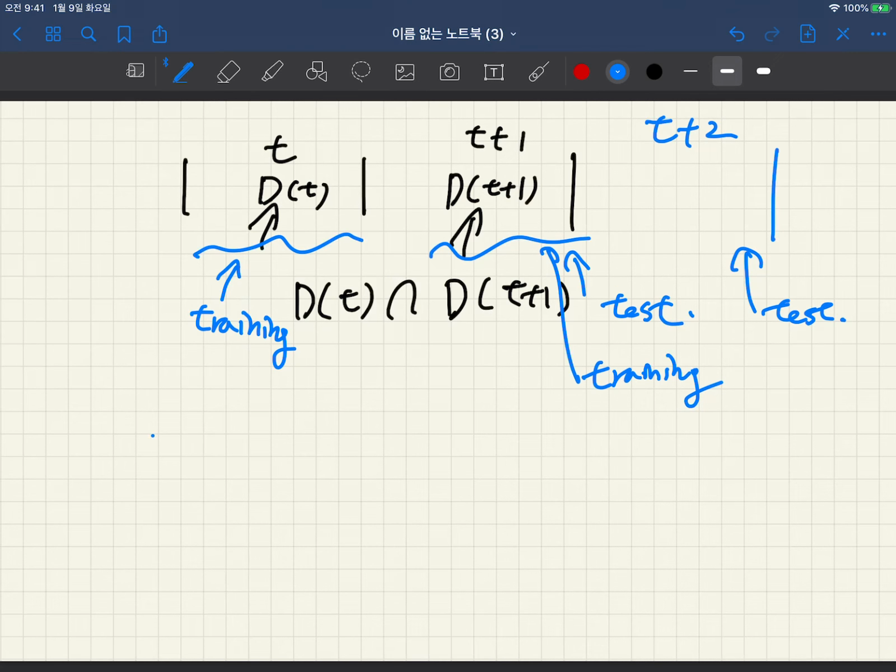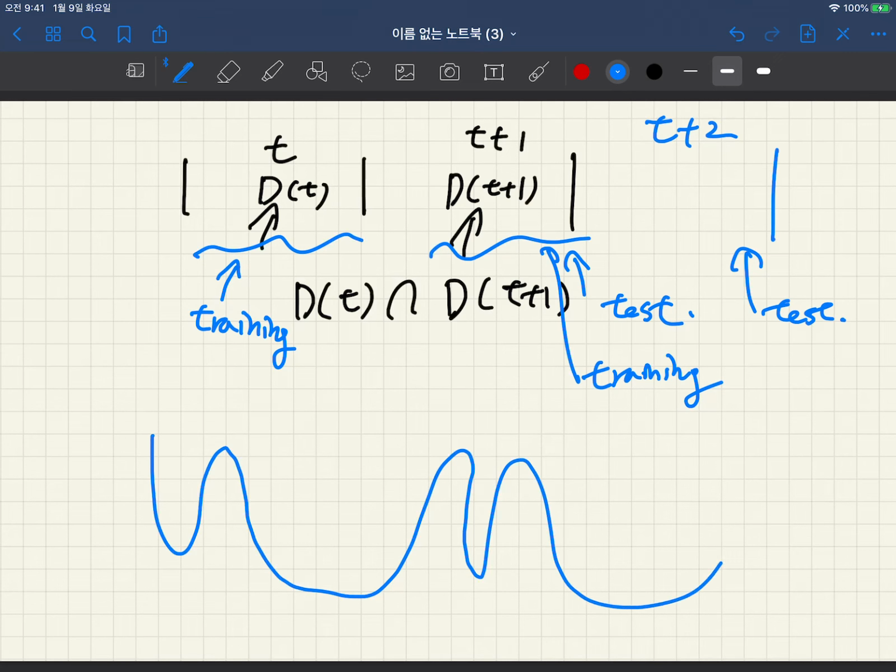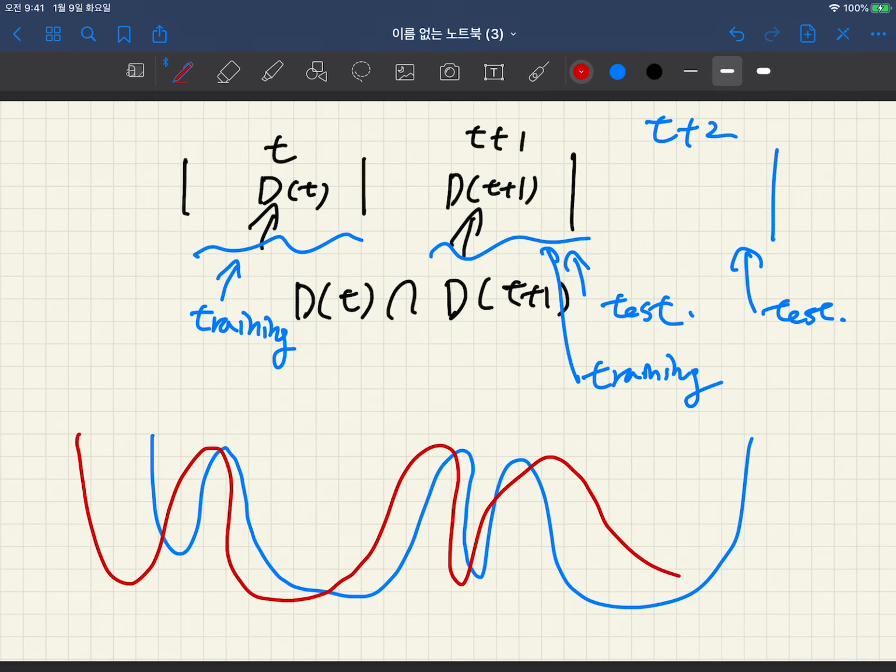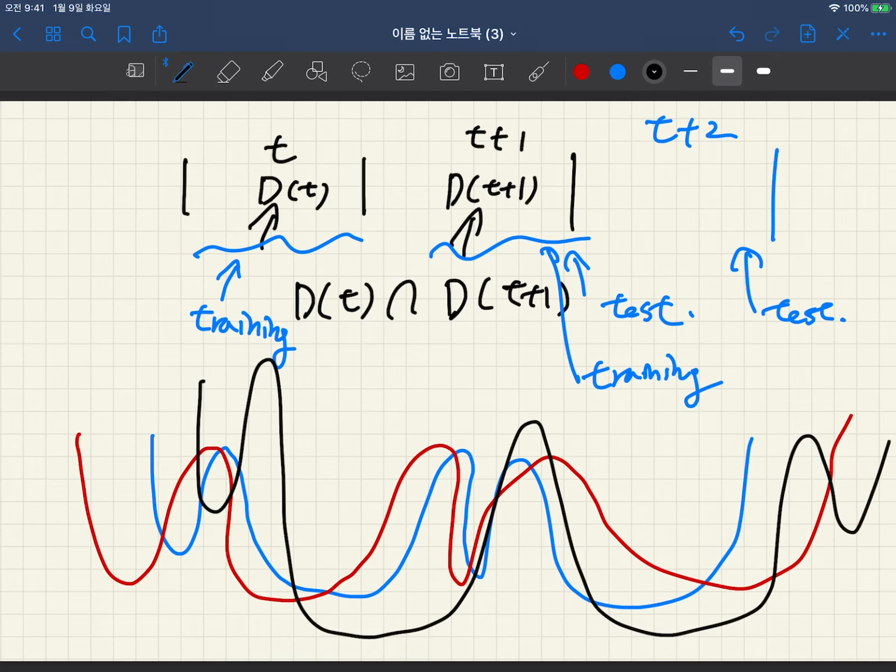When it comes to this loss function graph, each time we will see a different loss function, because we look at different loss values.